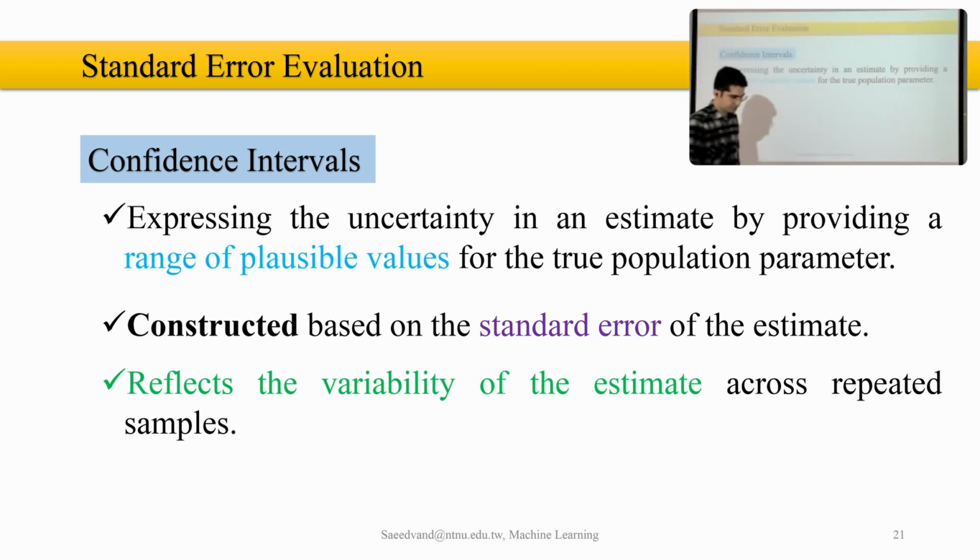So now we can say we want to express the uncertainty in estimation by providing the range of possible values for the true population values that we have, constructed based on the standard error, and we reflect the variability of the estimates across all the data set that we have.